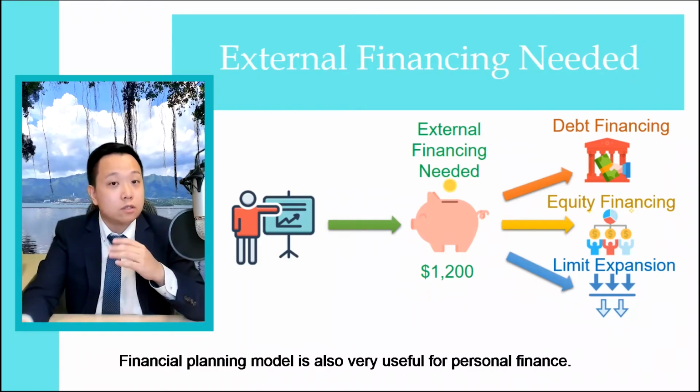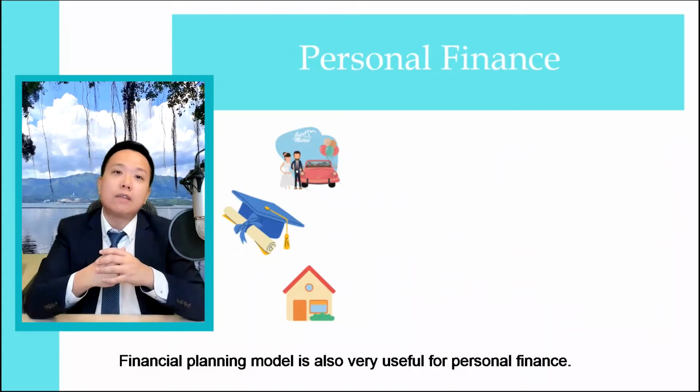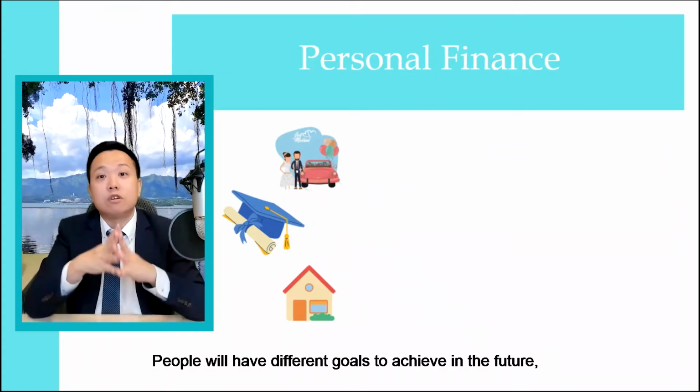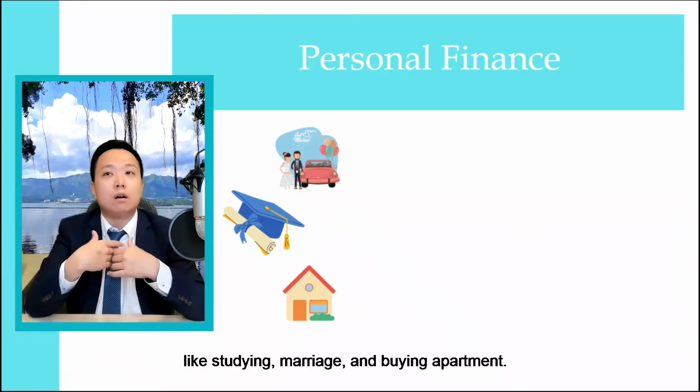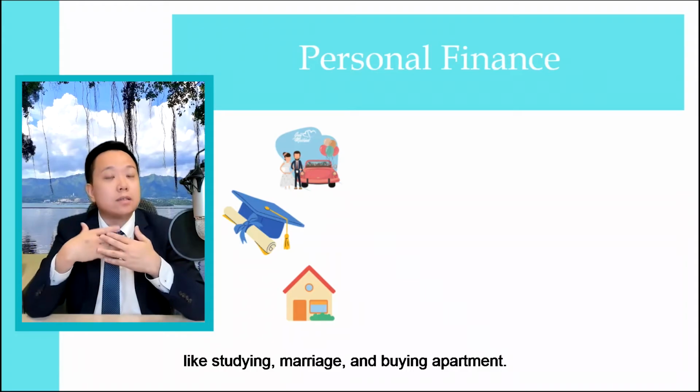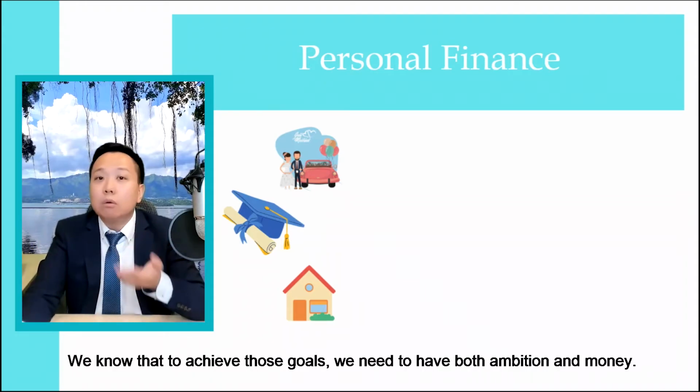The financial planning model is also very useful for personal finance. People will have different goals to achieve in the future, like studying, marriage, buying an apartment. We know that to achieve those goals, we need to have both heart and money.